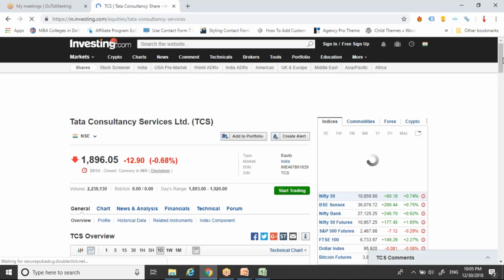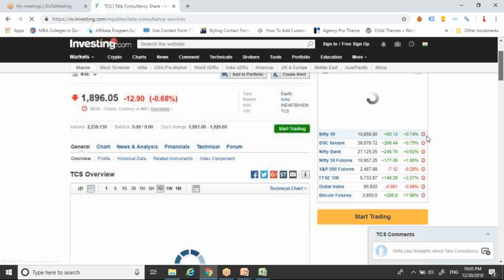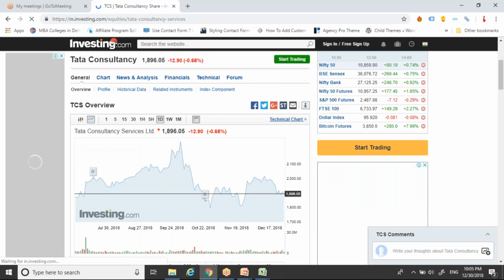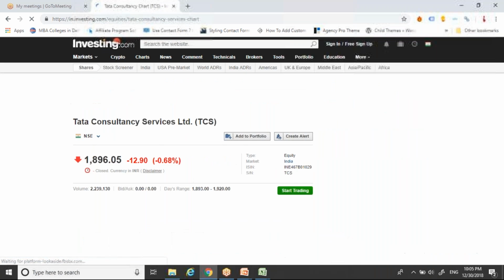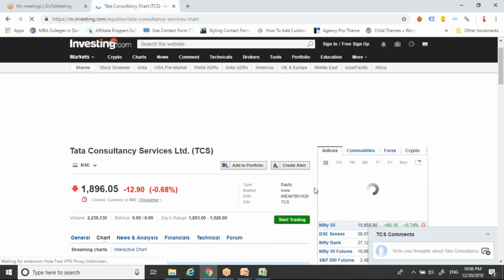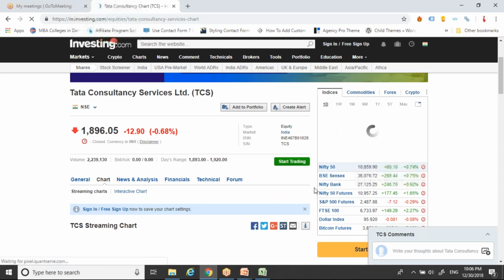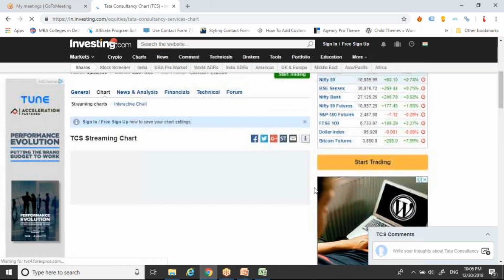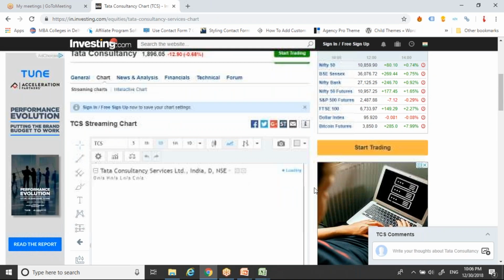The price is currently 1896. I open technical chart. You can use many ways to get the volatility, the levels. You have many formulas for that. Many ways to find out the maximum possible volatility of the month with high accuracy.